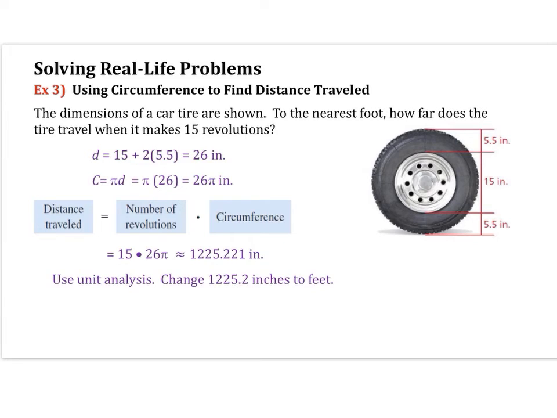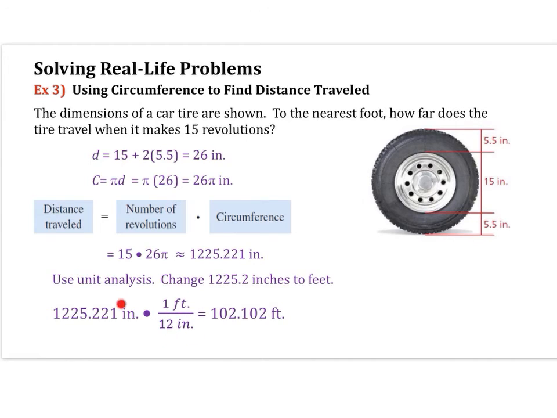Now, since our question's asking to the nearest foot, we're going to have to do a unit analysis. In other words, we need to change 1,225.221 inches to feet. So you set up your ratio starting with the value that you want to convert. In this case, we want to convert 1,225.221 inches. And we know that there's 1 foot per 12 inches.